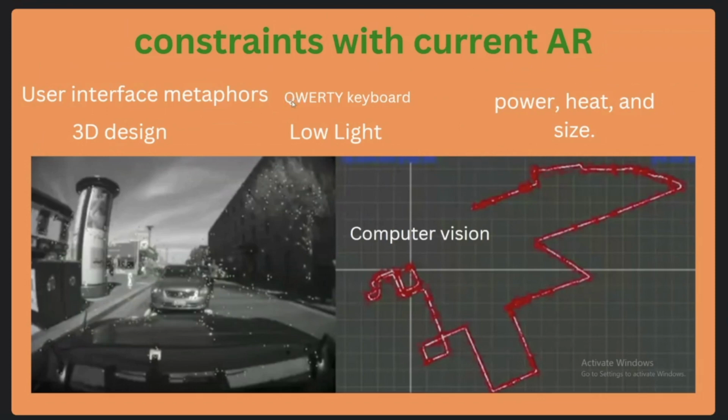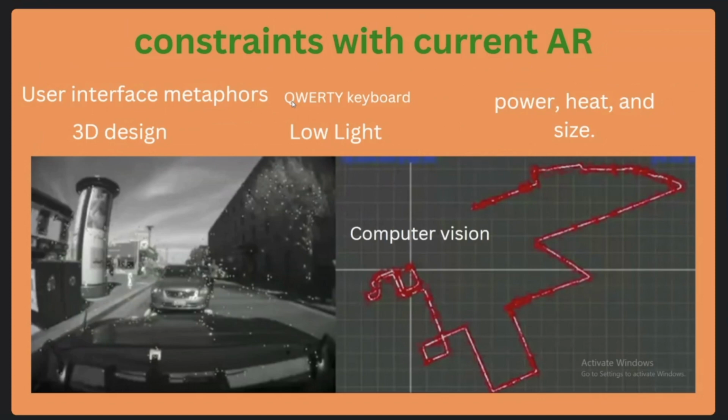Like two users are using augmented reality, how will they understand what is meant by anchors and what is meant by pose? So actually the proper language is not defined so far for the augmented reality experience. That is called the user interface metaphor.